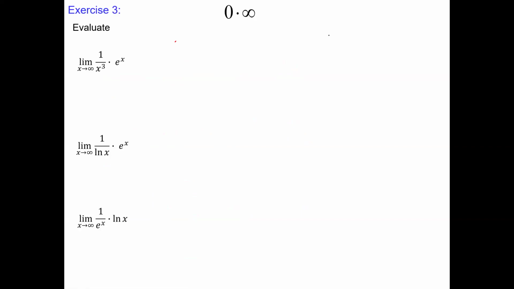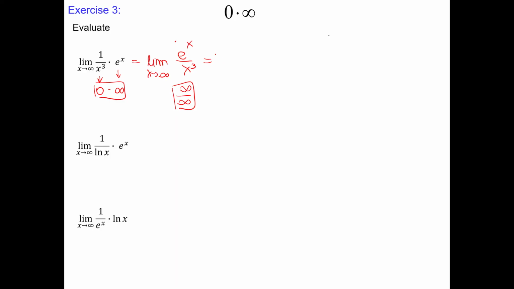And this one, the same idea, but I just wanted to touch on the relative rates of growth. 1 over a big number is a small number, e to the x at infinity, of course, is infinity. Indeterminate product form. When we do this, that's when we definitely have infinity over infinity. Both of the functions go to infinity at infinity.